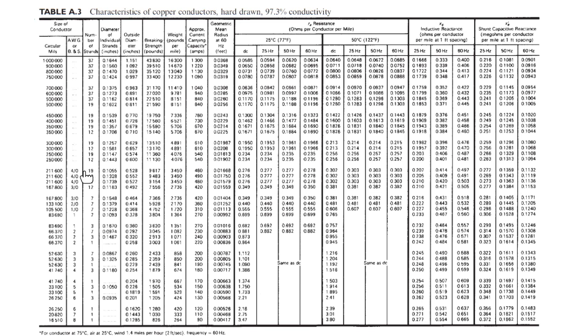4/0 and strands of 19. All the rest you can determine: the area, the length, per feet, per mile, whatever is given. And please note here also the geometric mean distance. This is in feet, but that's later, inshallah, we'll talk about geometric mean distance in chapter 5.